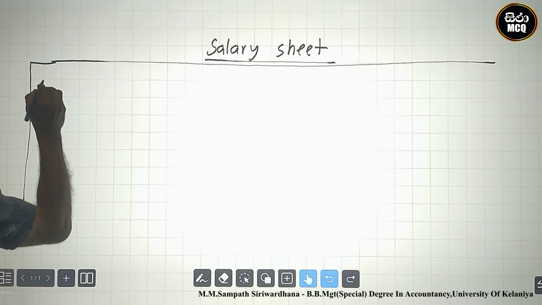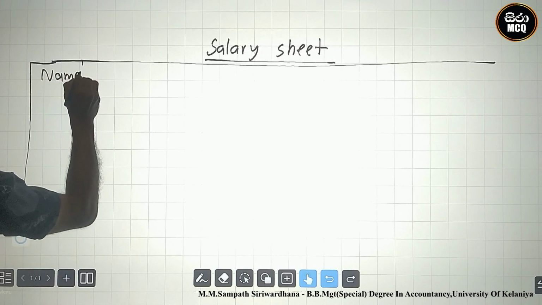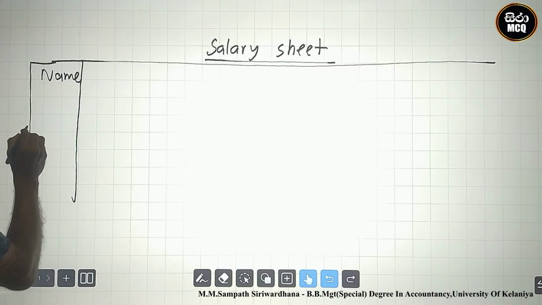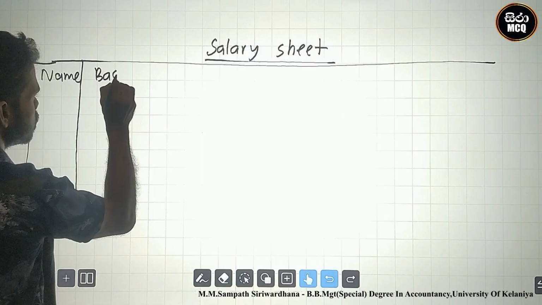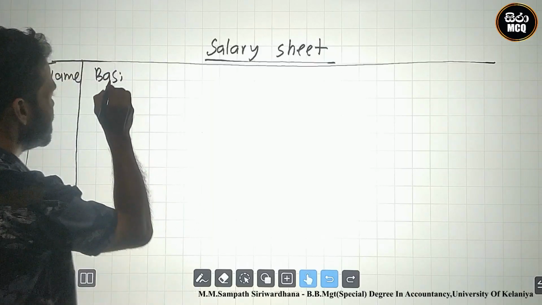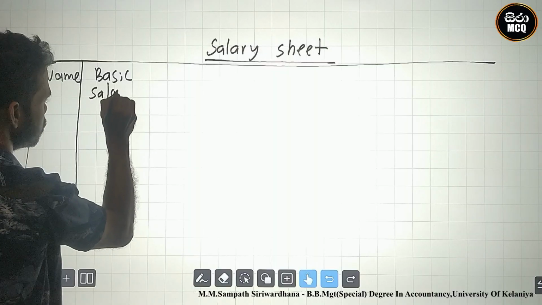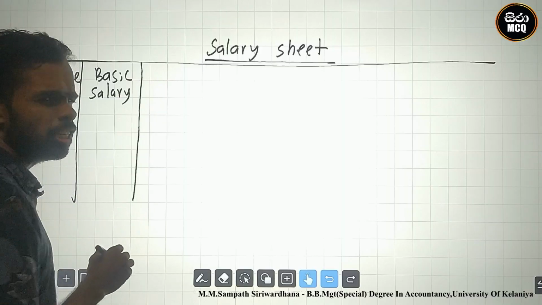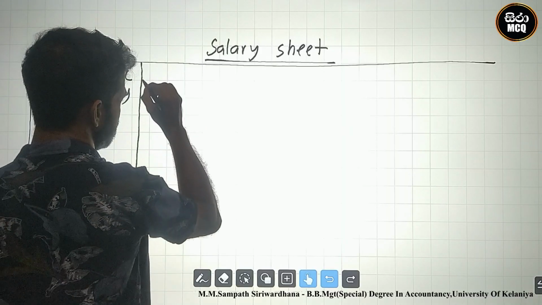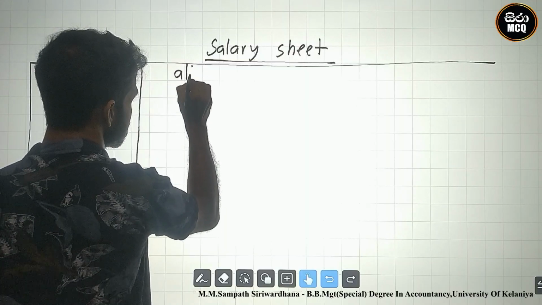Firstly we identify the name or index number of the employee. After that we identify the basic salary, which is the requirement. After that we add so many allowances, therefore I add a space for allowances.